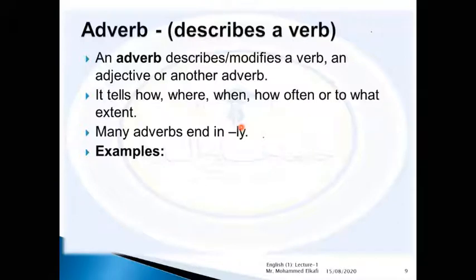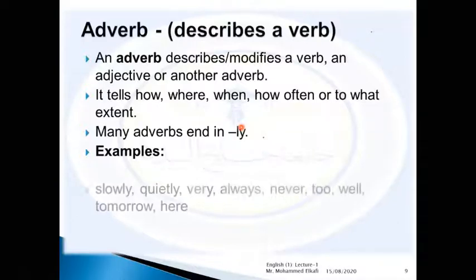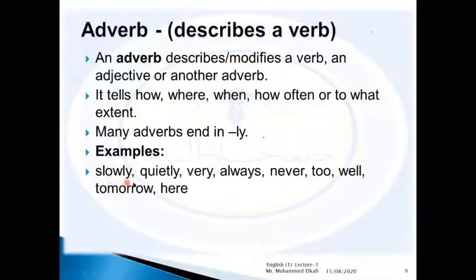Some examples for the adverb. Slowly, so here we note the ly at the end. Quietly, also note ly at the end. Very is also an adverb used with an adjective or even another adverb. Very quickly, very fast.